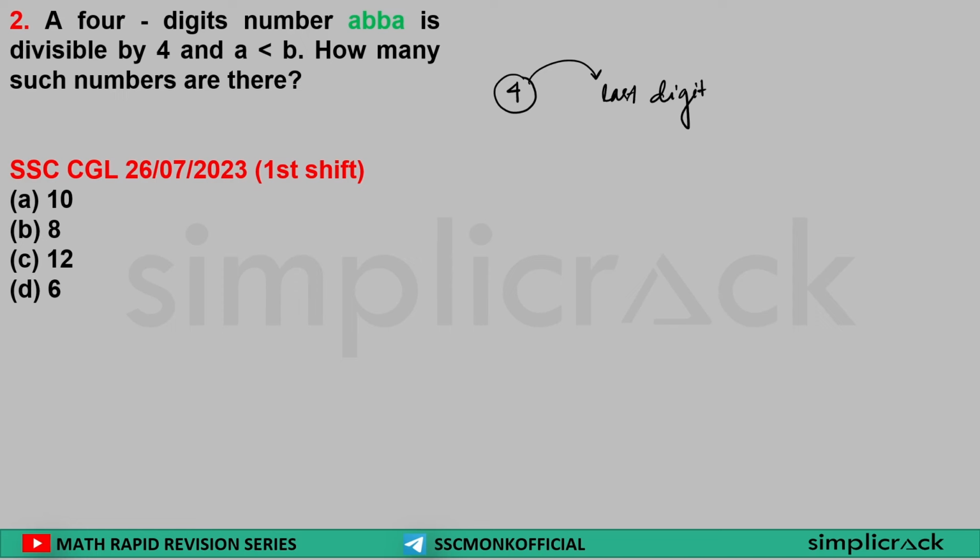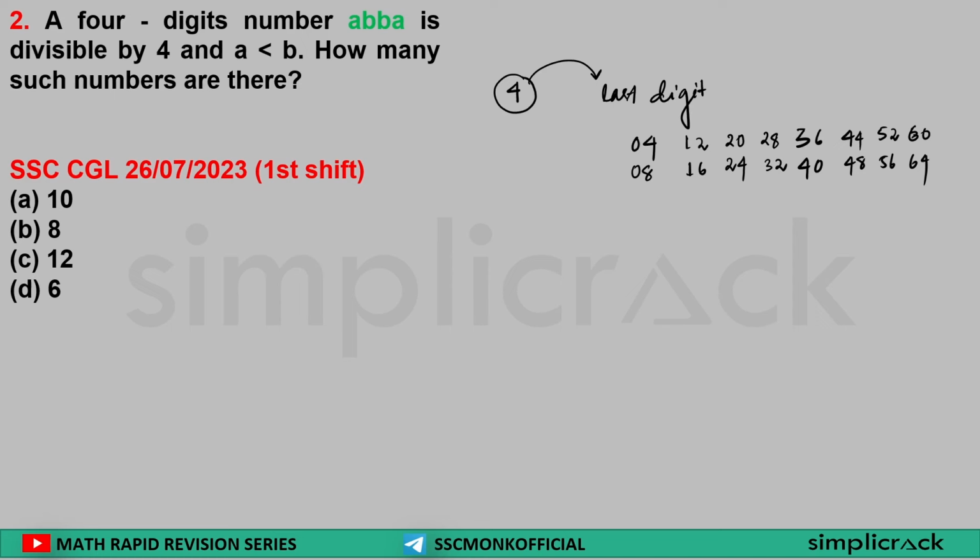Last two digits can be 04, 08, 12, 16, 20, 24, 28, 32, 36, 40, 44, 48, 52, 56, 60, 64. Like this? Yes or no?